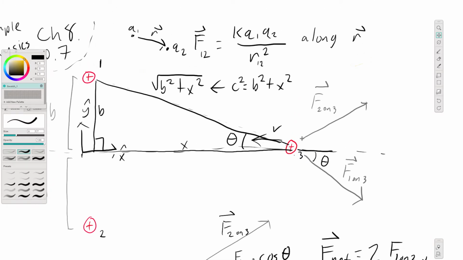So our Qs are just Qs. Those are some sort of constants in the problem. Our r, though, we've actually already written down in terms of other things. I'll give you a second to look at that and say, yes, my distance between charge 1 and 3 is actually the hypotenuse of this triangle.